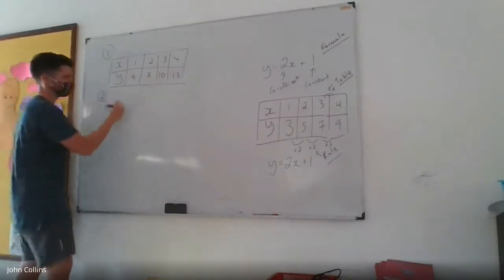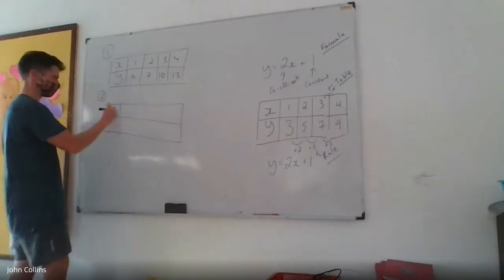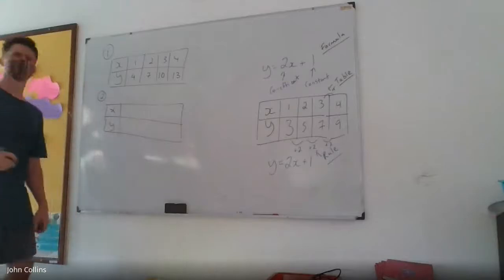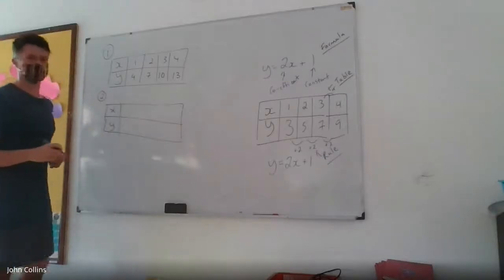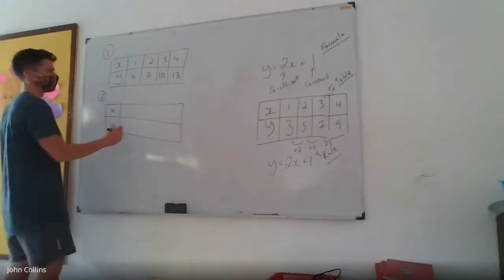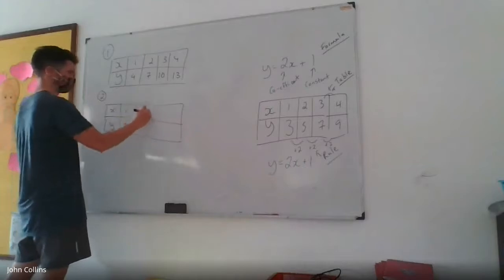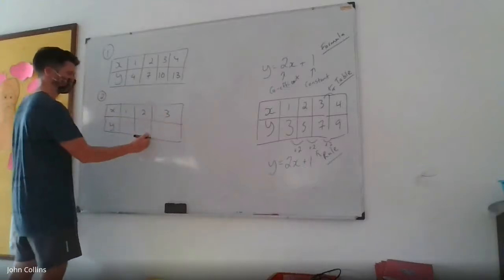Question number 2. Create another table. Hopefully you can all see this wherever your piece is. If you can't, you can log on to the Meet and you might be able to see it better. Let's go 1, 2, 3 only this time.